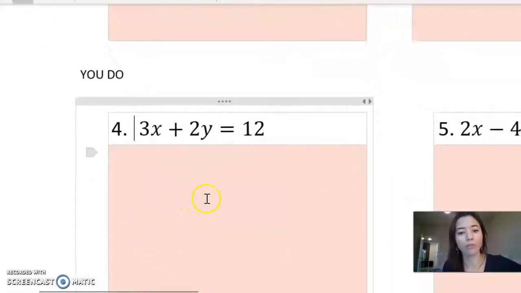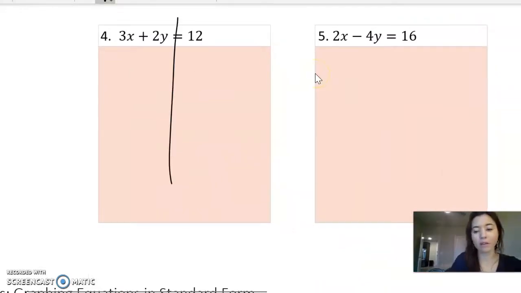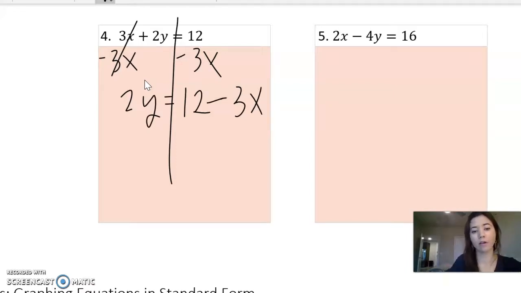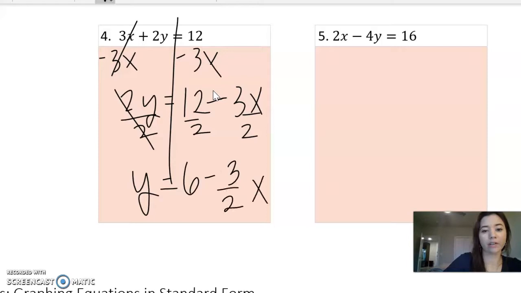Alright, hopefully you have tried this one out on your own. Just like above, we're going to get rid of that x term first, so we subtract 3x from both sides, and we have 2y equals 12 minus 3x, and now we have 2 times y, so we get to divide by that 2, and we get y equals 12 divided by 2 is 6, and then we can leave that as a fraction again.